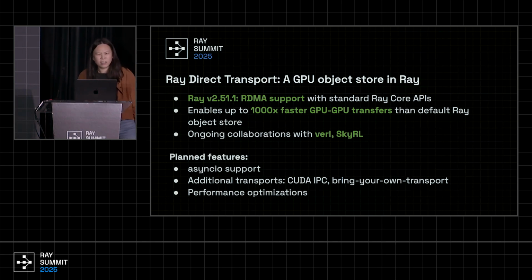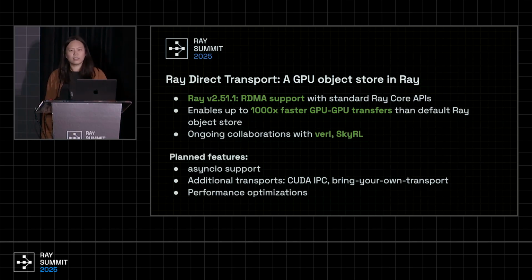About the collective group, is this Ray enabled? Can the collective group be created automatically using some Ray annotation? Why does the user have to do it manually? Right, so the question is, can the collective group be created automatically, and why does the user have to make it explicit right now? You could actually do it implicitly.